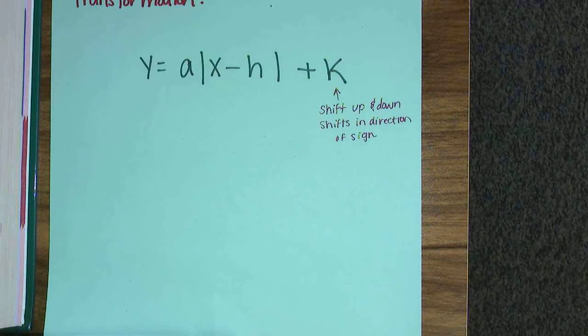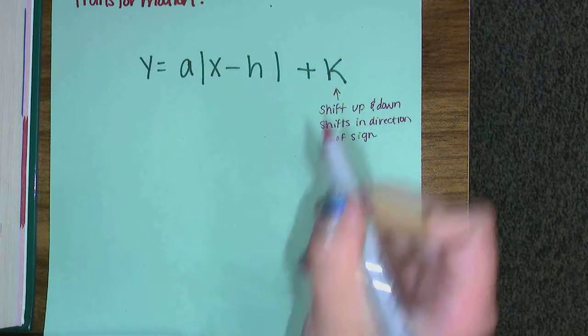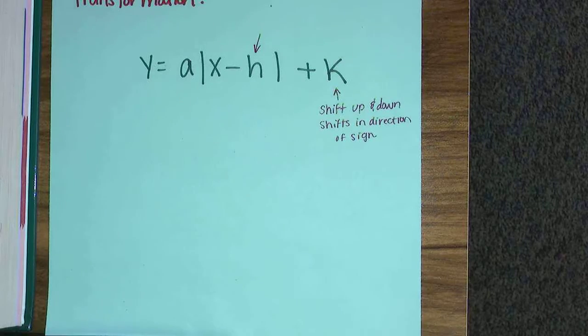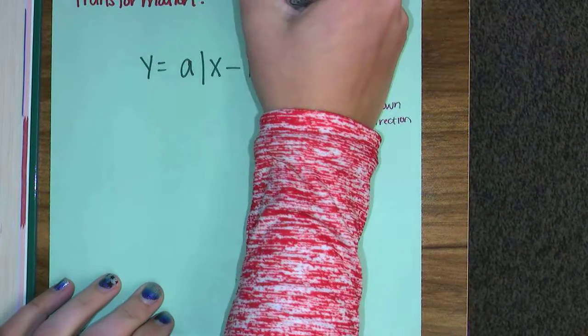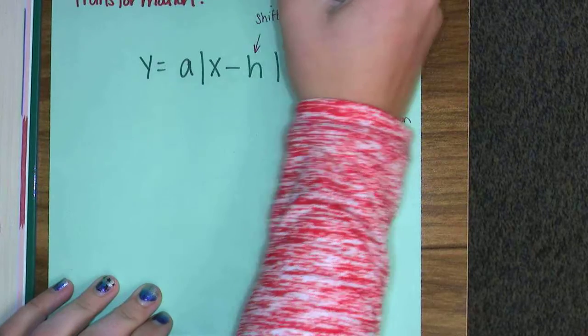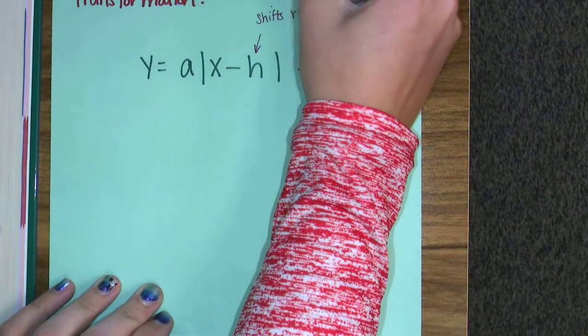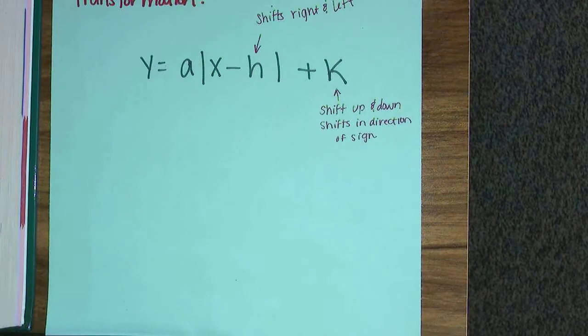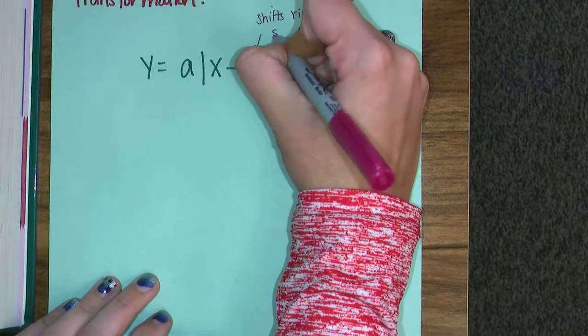Okay, with H, this is what causes the graph to shift left and right. So it shifts right and left. It shifts in the opposite direction of the sign.